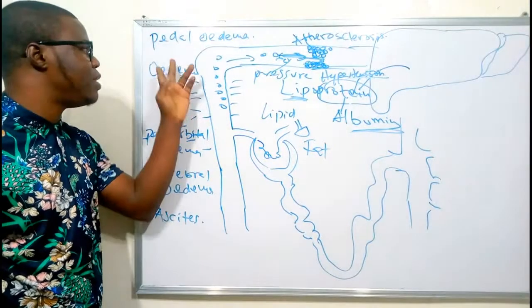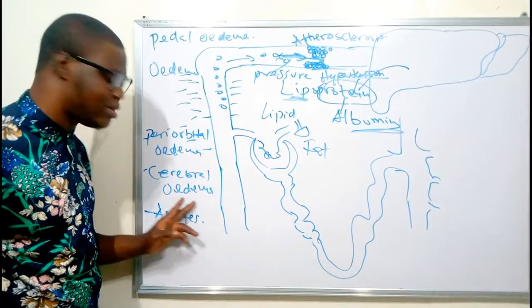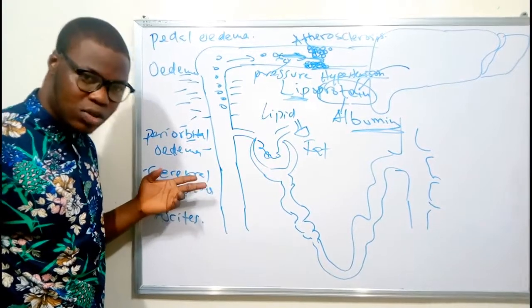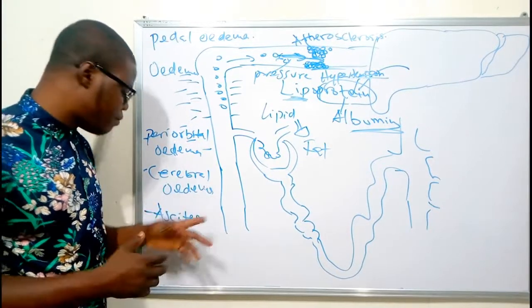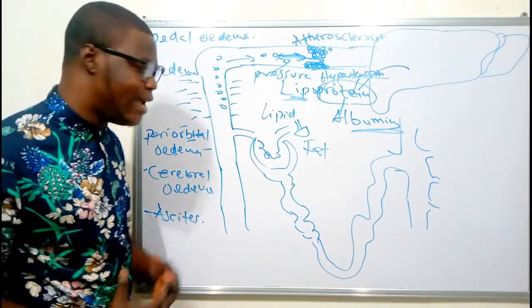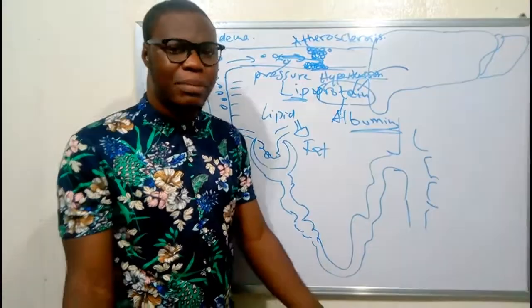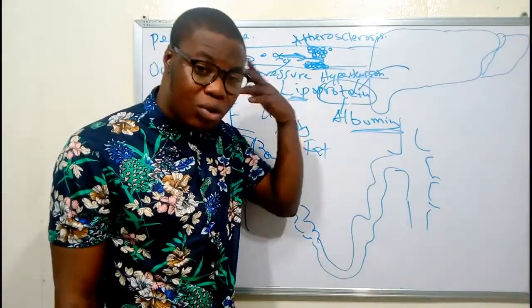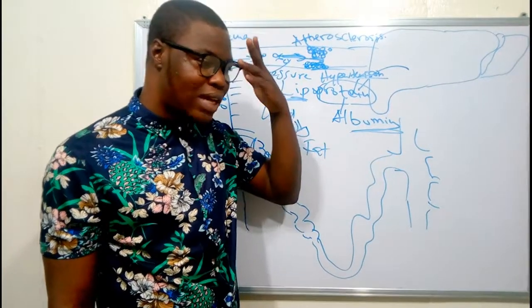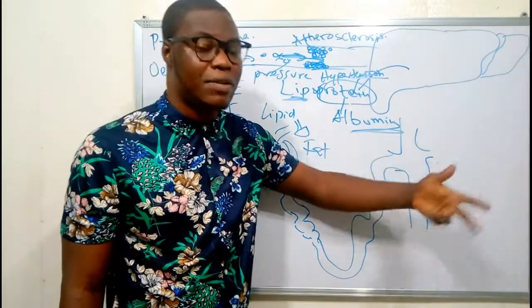We talked about the pedal, the periorbital, and the cerebral, which is manifested as headache as well. We talked about ascites in the abdominal cavity, and then generalized edema setting in. The person is going to have pulmonary congestion too, and that can be manifested as dyspnea, difficulty in breathing.